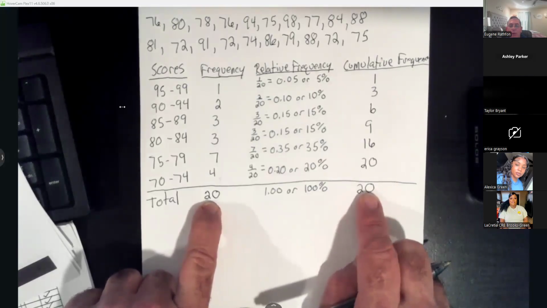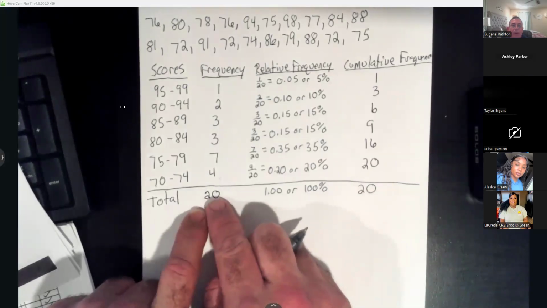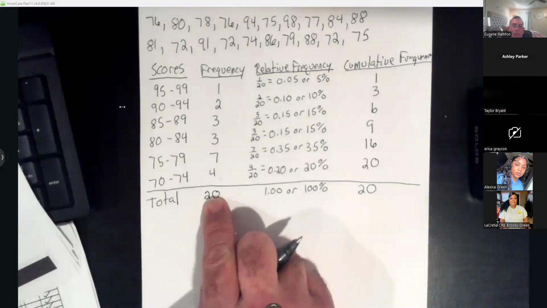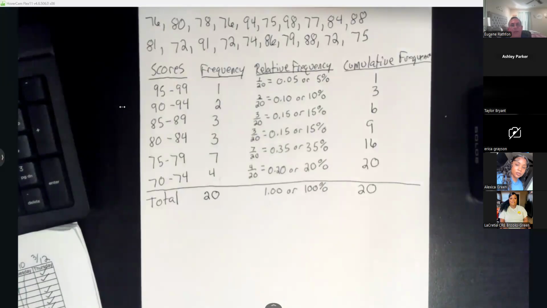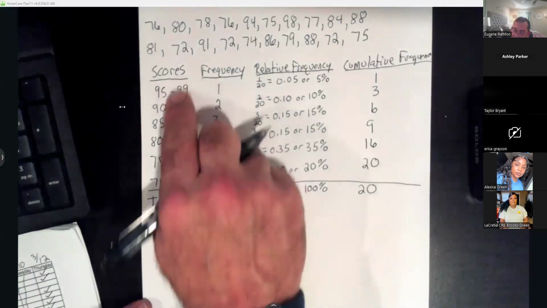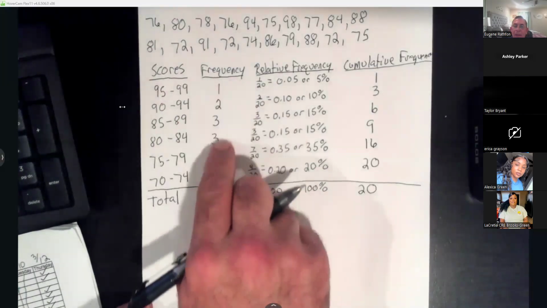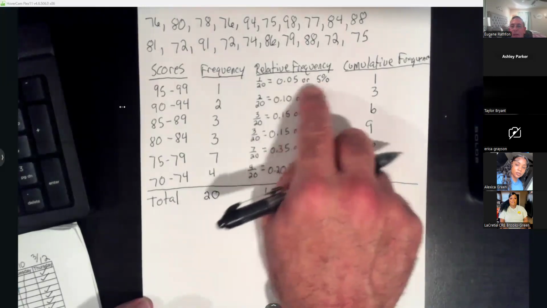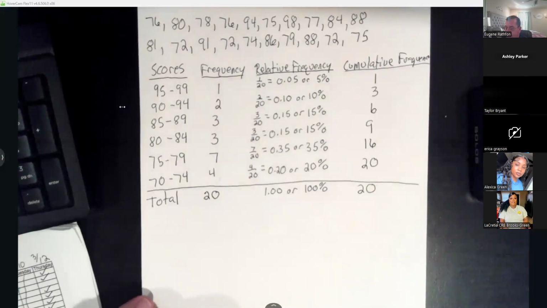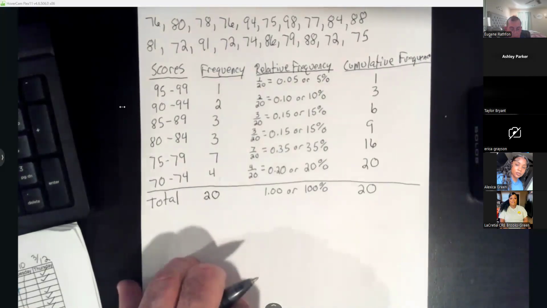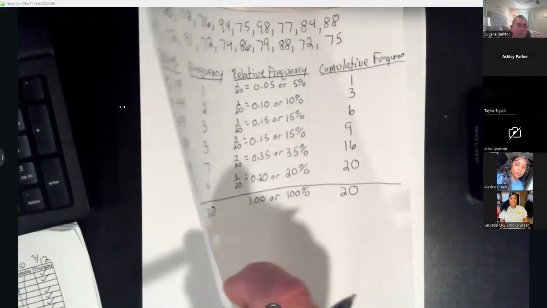So when you're done with your cumulative, it'll add up to what you got here on your frequency. Y'all, not bad. It's just setting up your bins, counting how many times they happen, and then you can figure a relative frequency and then your cumulative. All right, y'all, good job. So now we will look at bar and pie graphs.